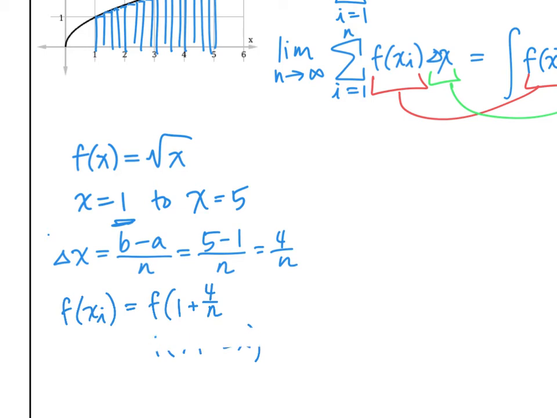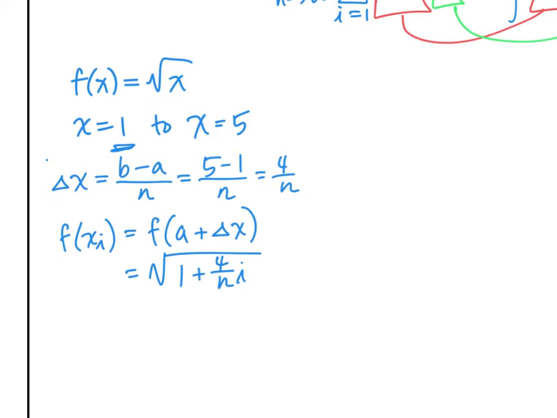Therefore, when we write this, we're writing the first number plus delta x. So in this case, since the function is square root x, we're going to write square root x, and then from the first number, which is 1, plus, and then delta x. Delta x is 4 over n, but we're going to keep adding 4 over n every time we move over one iteration. So we're going to put an I there.